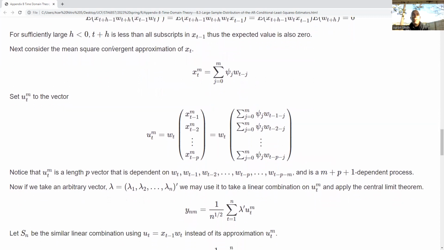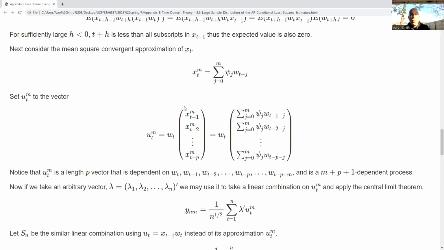All right, so now let's consider the mean squared convergence approximation of x of t. Here, we're going to take an approximation using previous white noise terms, which is okay as long as we have a causal process. And here are the coefficients.